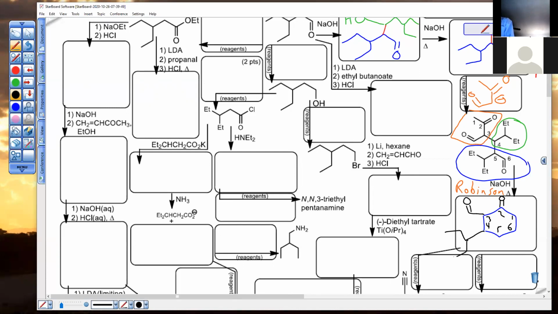I think it's easier to draw the ethyls. 5 has the same group. 6 got attacked and was temporarily looked like this. But with the heat, that gets lost and you get a double bond between the alpha and beta positions.